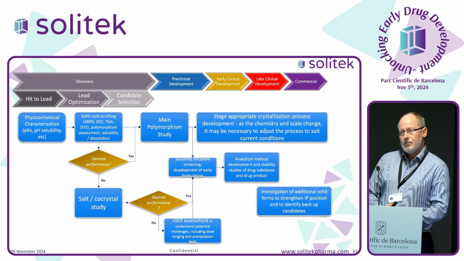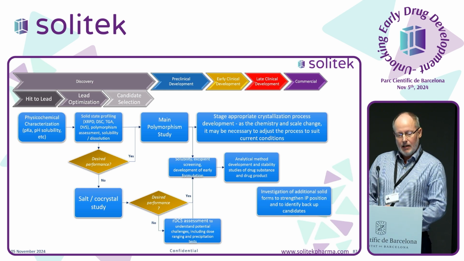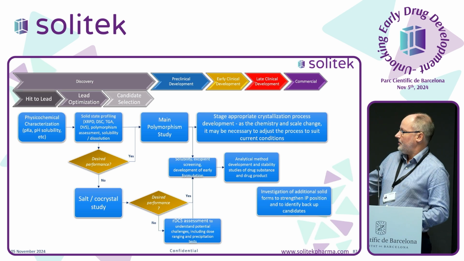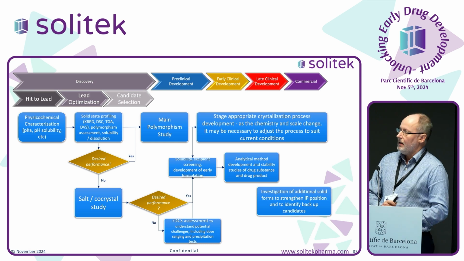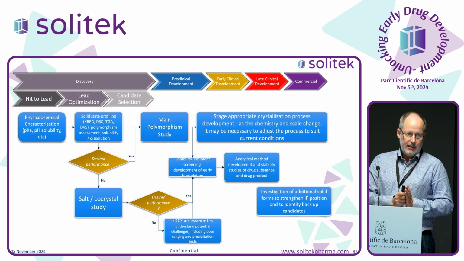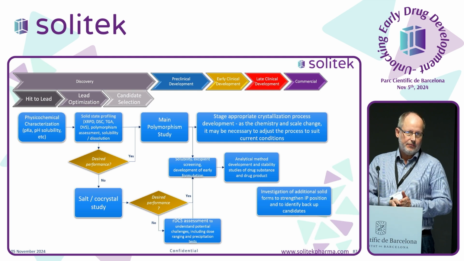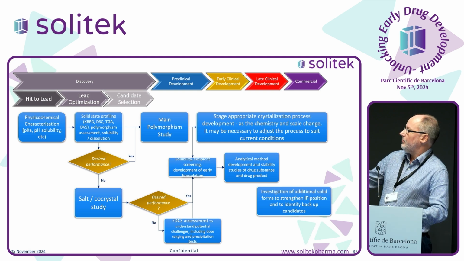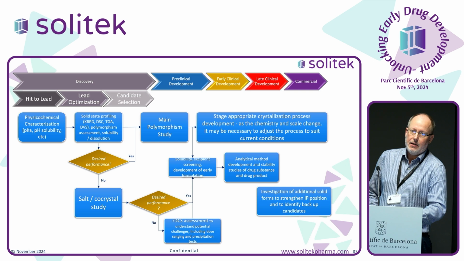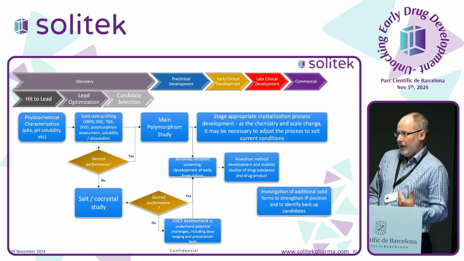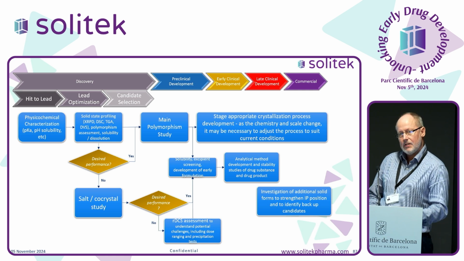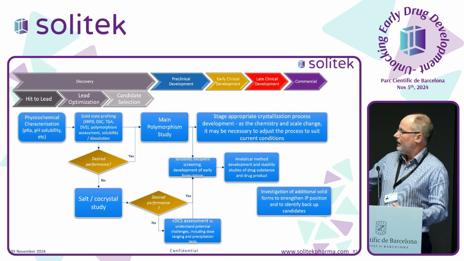We'll be doing some solid form analysis, XRPD, DSC, this kind of thing. And we'll make an initial evaluation about the performance. If we think that this material, as it is, is going to give us the desired performance, then we're probably going to move to what we call the main polymorphism study. And here we want to know the main forms and certainly the most stable form to consider for future development.